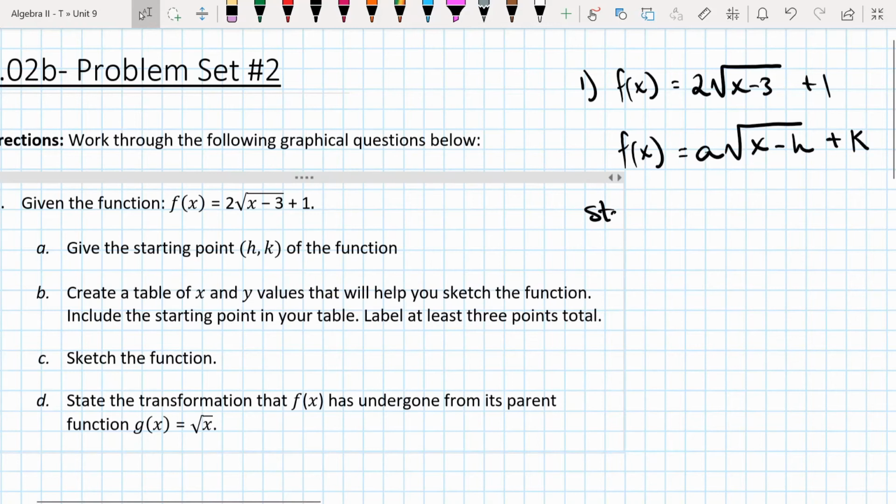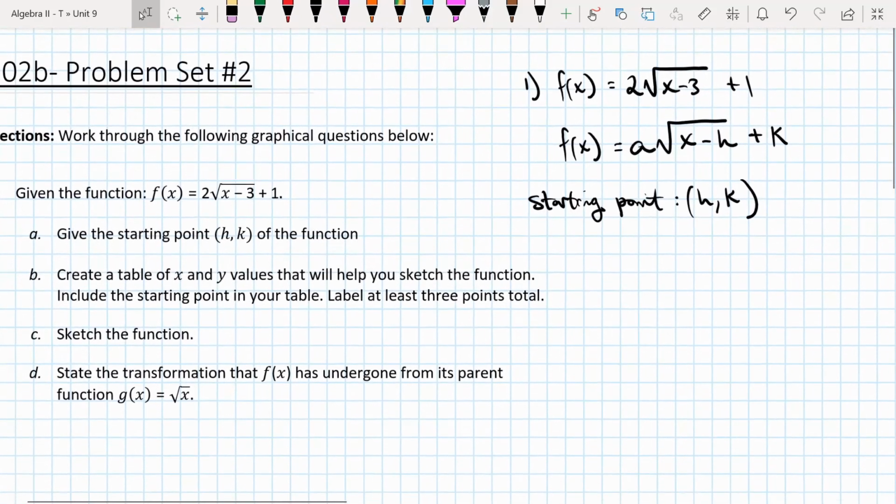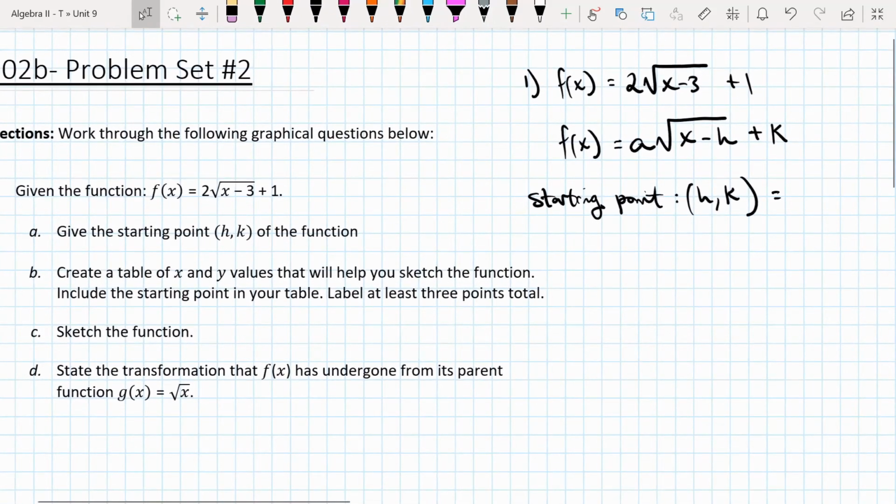And the starting point is always defined as h comma k. It's similar to the vertex of a quadratic function. And in this specific example, this is going to be equal to positive 3 comma 1.